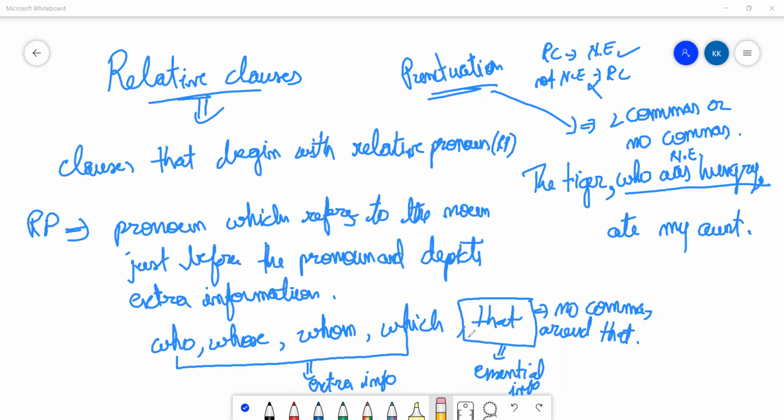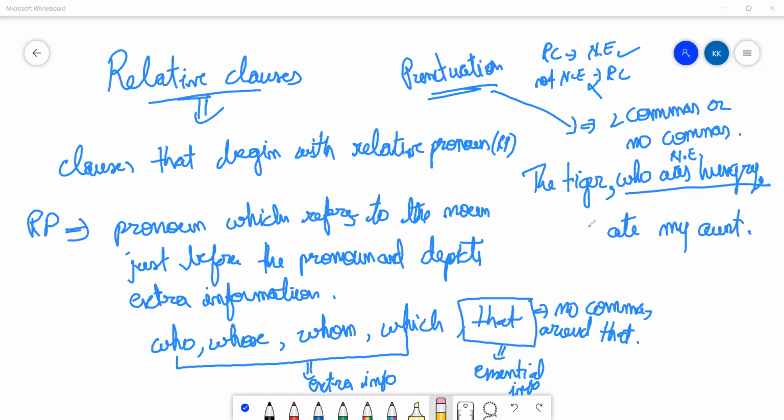Now, sometimes, let's say, for example, Sunetra says, ma'am, I feel that this part of the information is important. So I do not want it to be treated as non-essential or extra information. So what can you do?